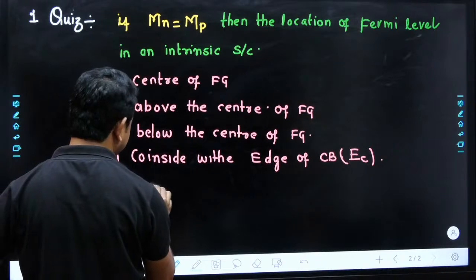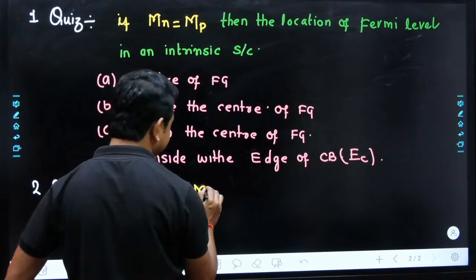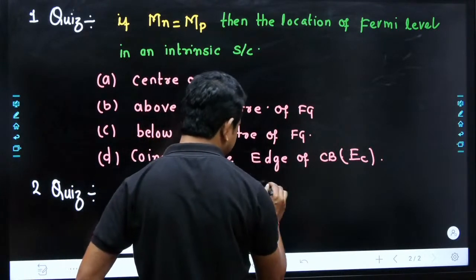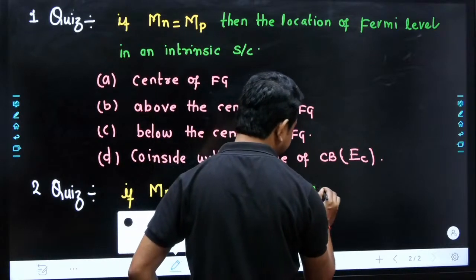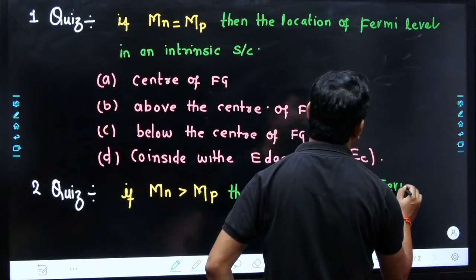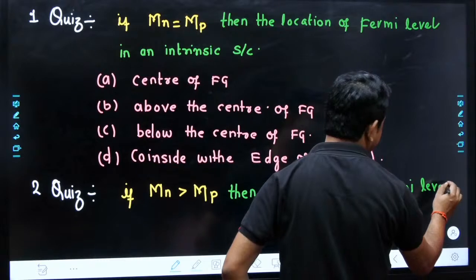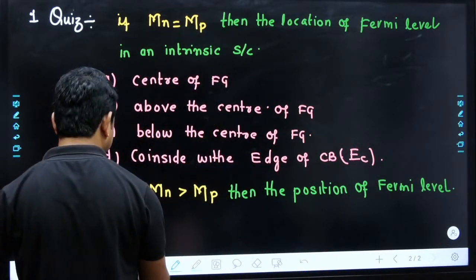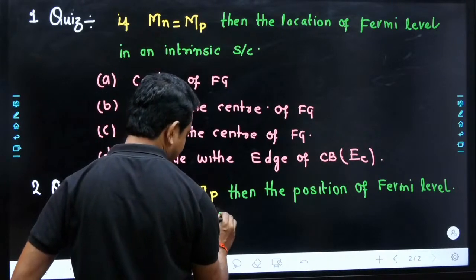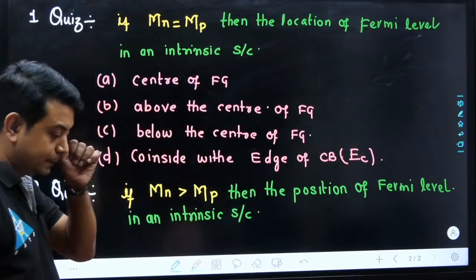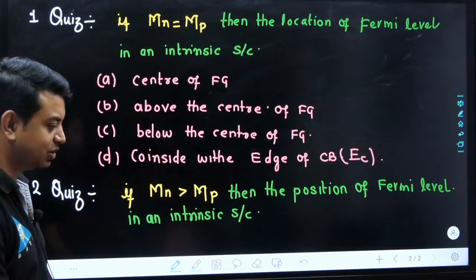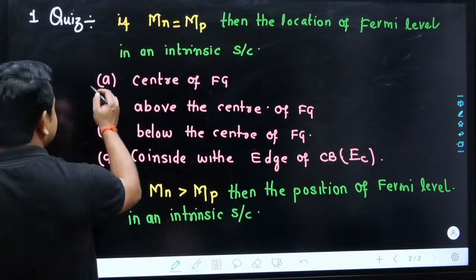If Mn is greater than Mp, then the position of the Fermi level in an intrinsic semiconductor. Okay, so I just changed the question: the effective mass of electron is greater than the effective mass of hole. Then we have this at the center of forbidden gap.